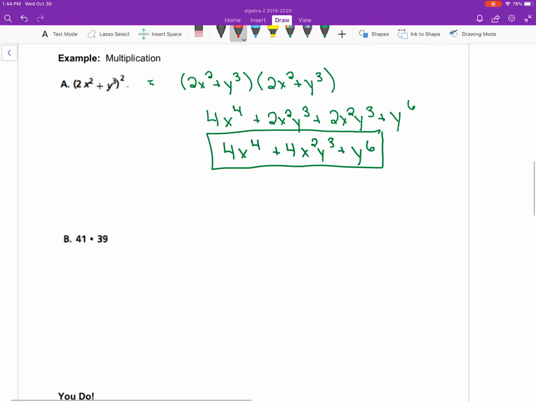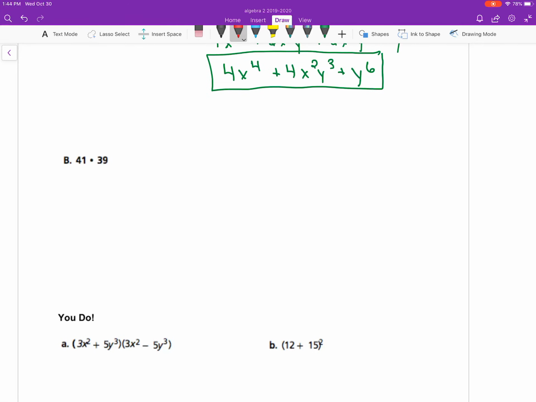This next one is kind of an interesting example, just looking at two numbers that we could rewrite as a difference of squares. So if we realize that the number 40 plus 1 is 41, and the number 40 minus 1 is 39, that becomes a difference of squares.